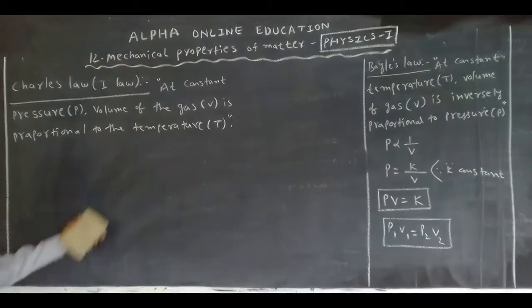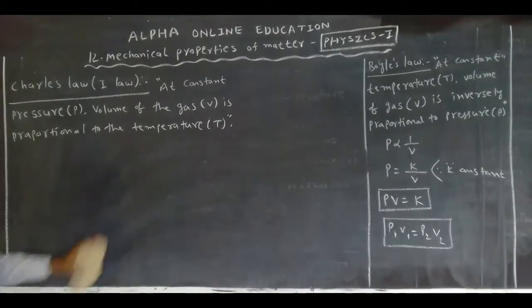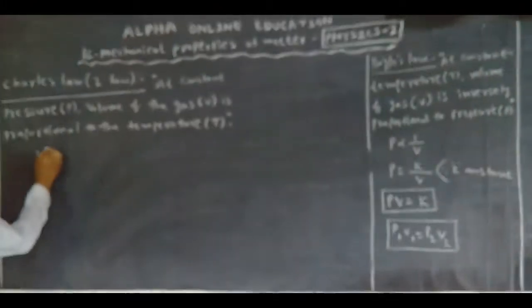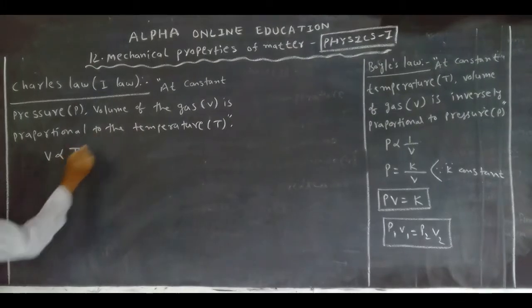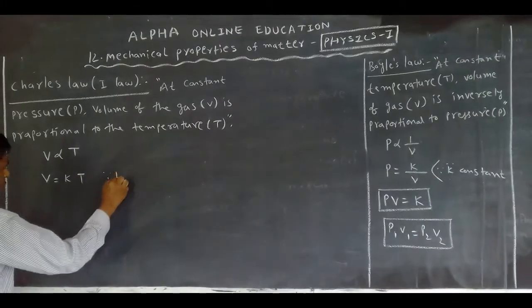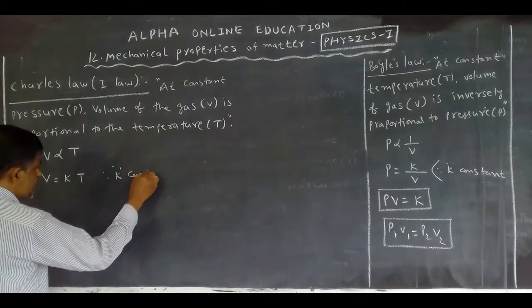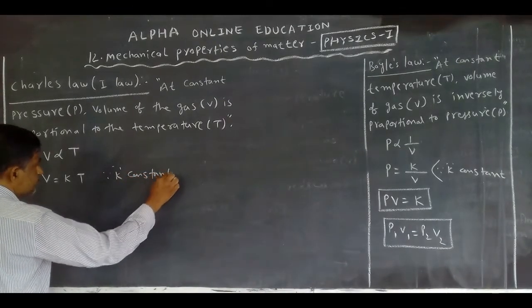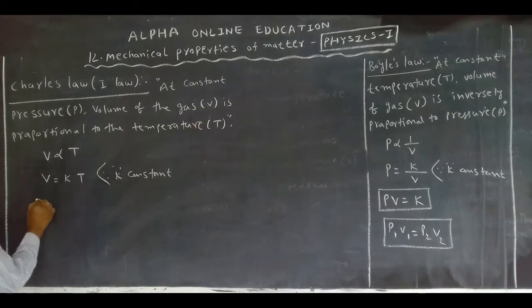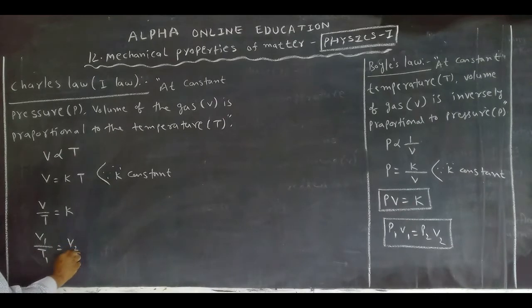For gas, temperature is compulsorily capital T. You write absolute temperature or capital T. So what is the mathematical form? V proportional to T. If we remove the proportionality, we will again get one constant. What is K? K is a constant. Or V by T is equal to K. So V1 by T1 is equal to V2 by T2.